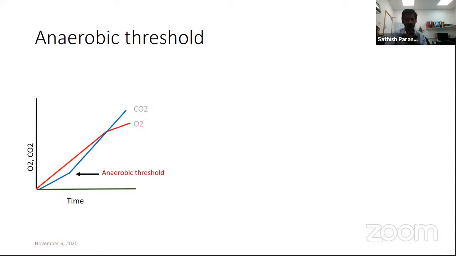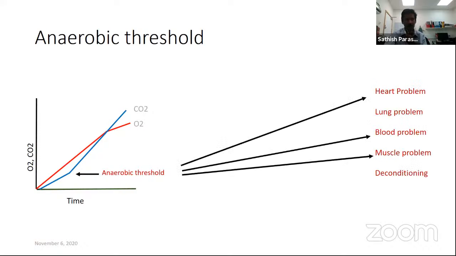Their ability to deliver oxygen to the tissues is poor, hence they resort to anaerobic metabolism very early. So either the patient has a heart problem, congestive cardiac failure, pulmonary hypertension, a blood problem like severe anemia, again affecting delivery of oxygen to the tissues, or a muscle problem, mitochondrial myopathies, where although the oxygen delivery is good, their ability to conduct aerobic metabolism is poor.